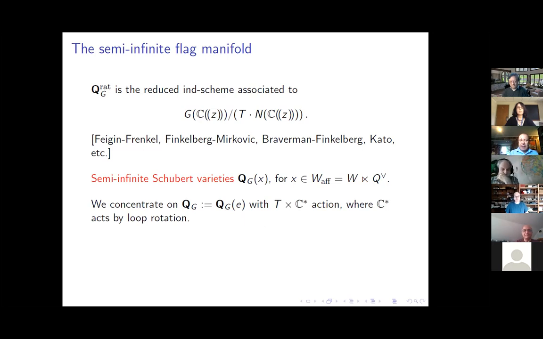So this has the usual T action and also a C star action, which is given by loop rotation. So we'll consider equivariant K theory with respect to this T cross C star action.